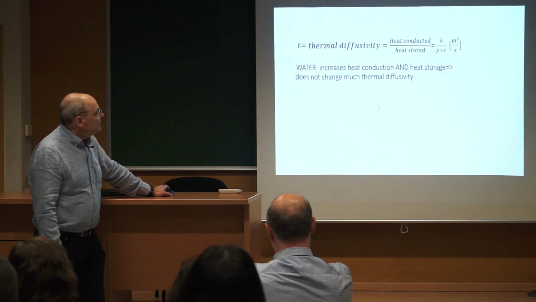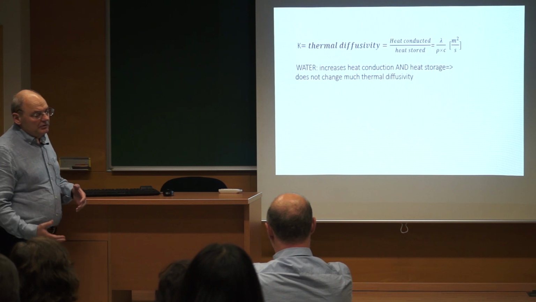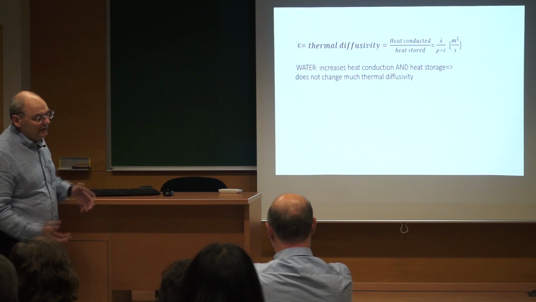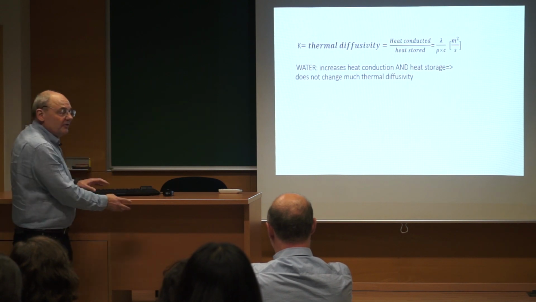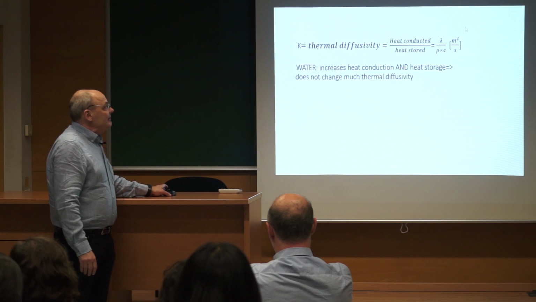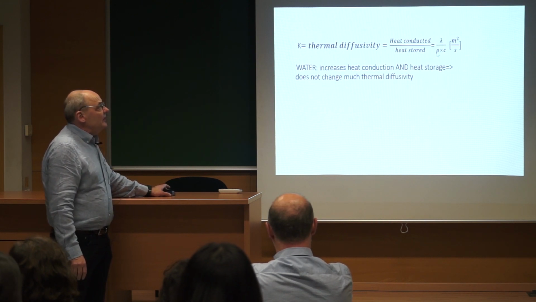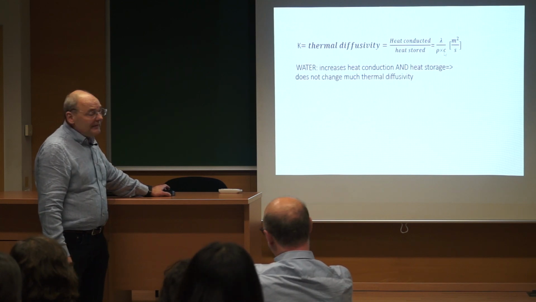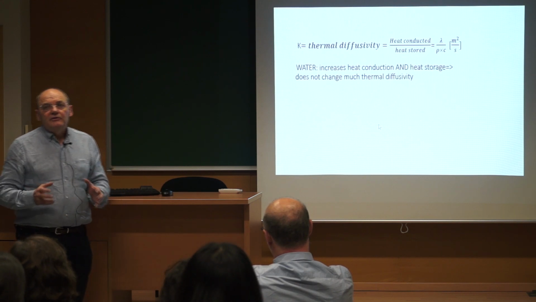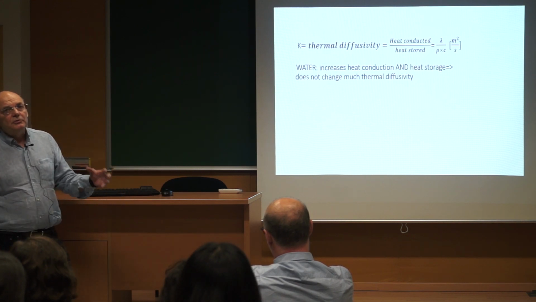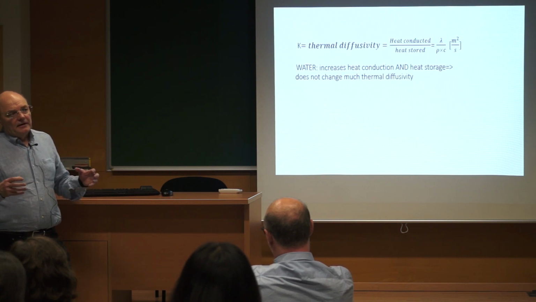Just to remind you, the difference between thermal diffusivity and thermal conductivity: think about thermal diffusivity as a ratio between heat which passes through the layer and heat stored within the layer. Technically, you can calculate it if you know thermal conductivity, and then you divide it by density and specific heat. Now, why is it important? Because forest floor is a part of the soil profile with very significant changes in water content.